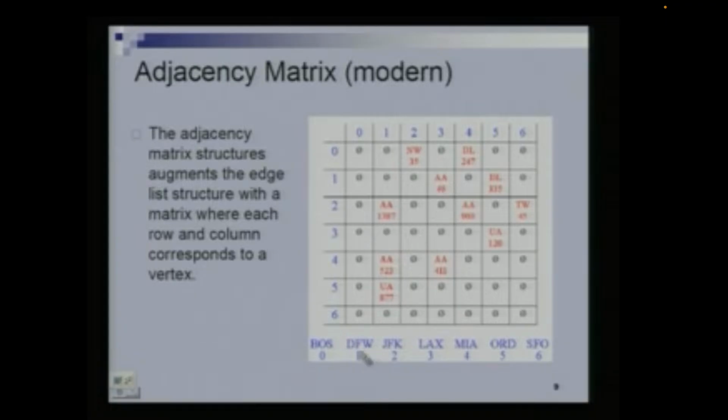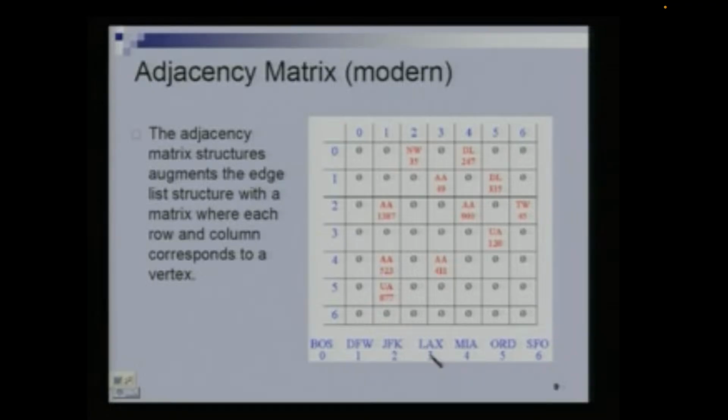So the adjacency matrix structure augments the edge list structure with the matrix. You could also have the edge list together with the adjacency matrix, both of them together. Right.